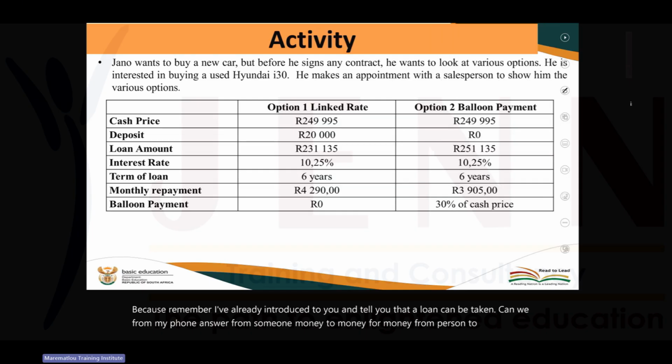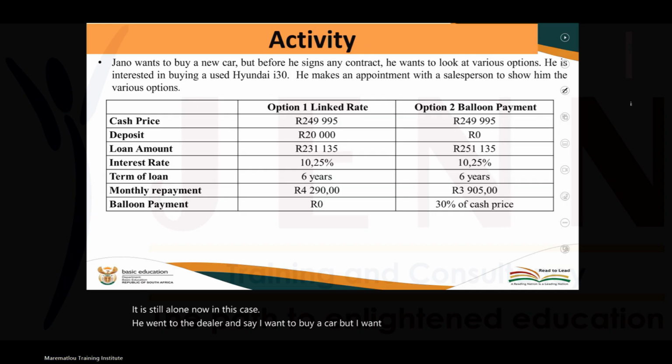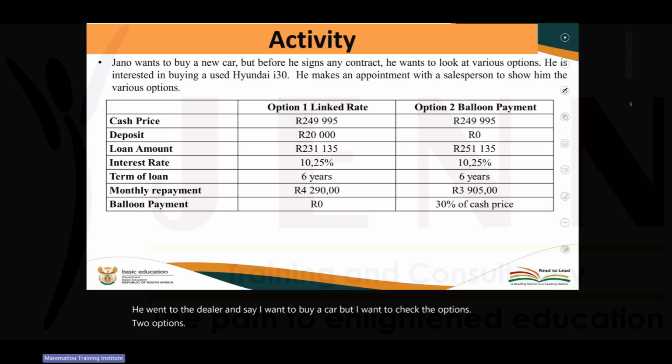It is still a loan. Now, in this case, he went to the dealer and said, I want to buy a car, but I want to check the options. The salesperson says, no, sit down, I'm going to give you options.